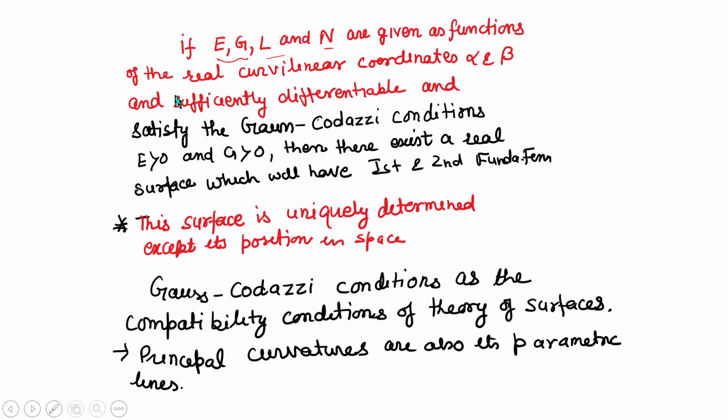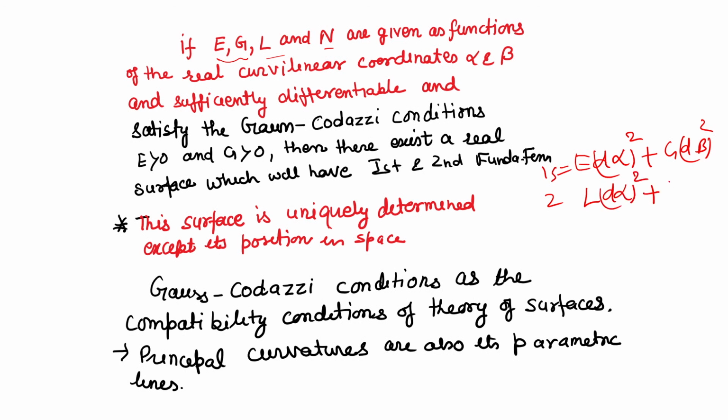If they are given as functions of a real curvilinear coordinate system alpha and beta, sufficiently differentiable, and satisfy the Gauss-Cauchy conditions, then we can definitely say that there exists a real surface which will have first and second fundamental forms like this: E d alpha whole square plus G d beta whole square, first form, and the second form will be L d alpha whole square plus N d beta whole square.